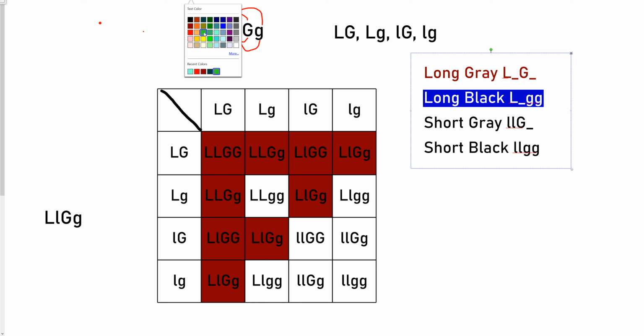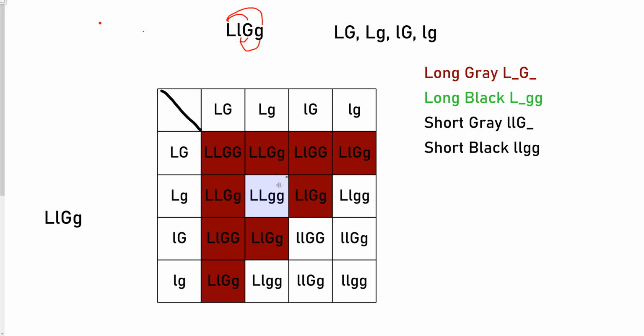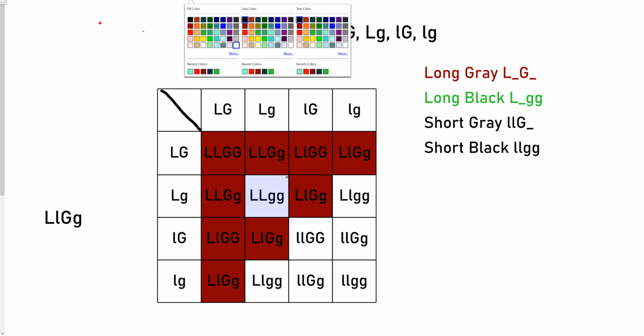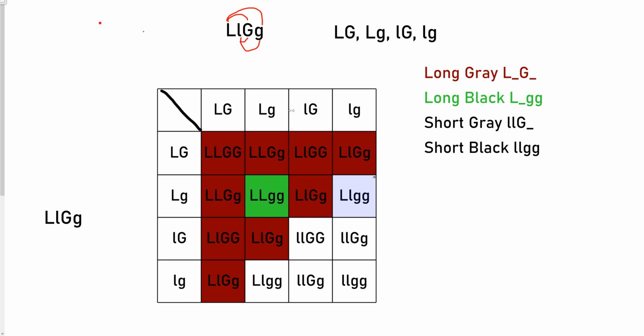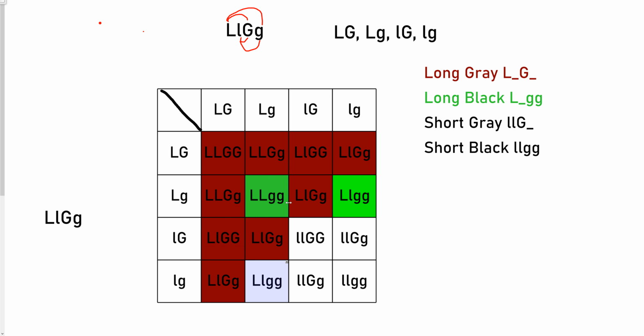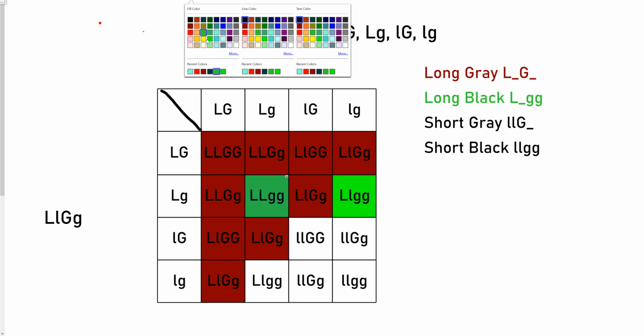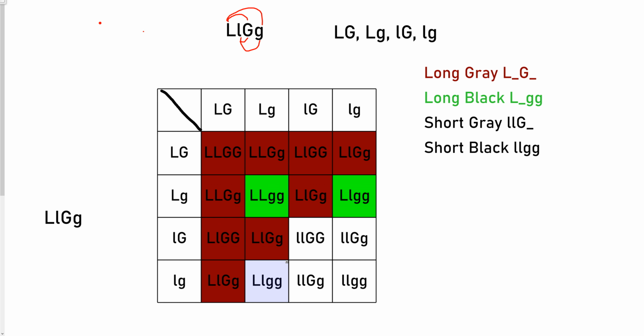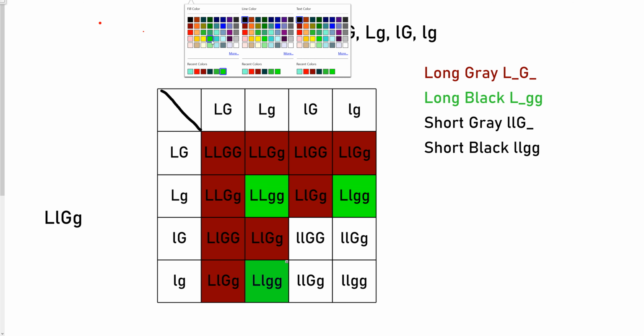So here's a big L with little g's. Here's a big L with little g's. That's not the same color. That's not the same color either. Here's big L with little g's. And I think that's all there is for the big L little g, the long black fruit flies.